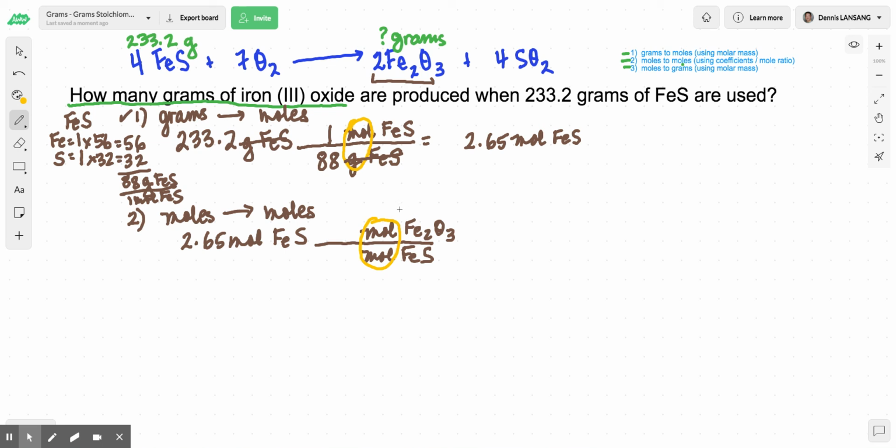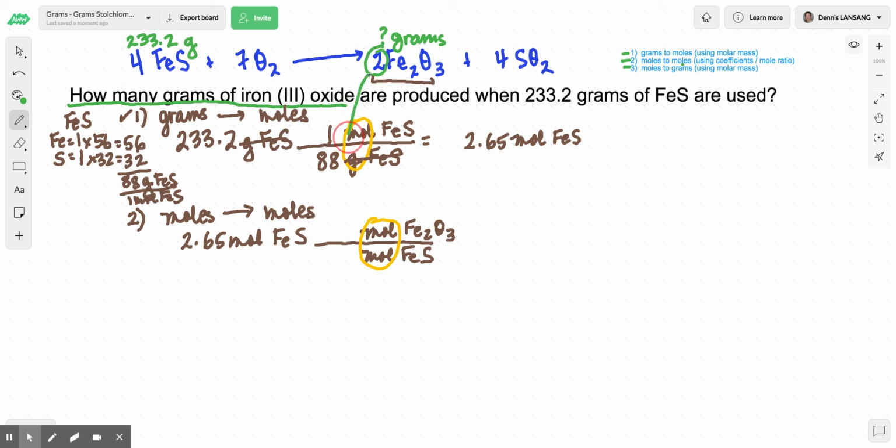In converting from moles of one substance to moles of another substance, we need to use the coefficients, essentially the mole ratio. And so let's take a look. What is the coefficient of iron 3 oxide? It's a 2.